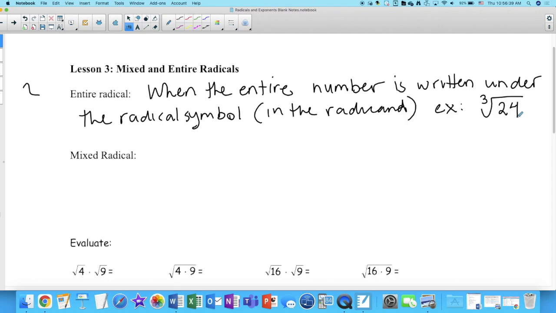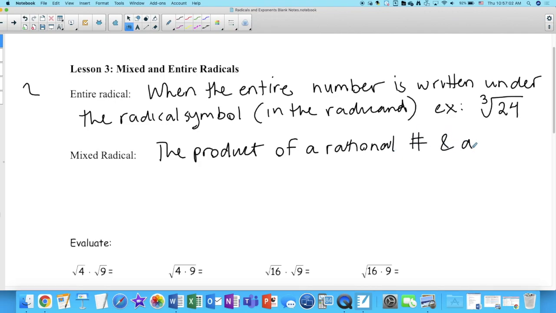Okay. A mixed radical, on the other hand, is the product of a rational number and a radical. It means you're multiplying them together, the product. Okay, so for example, something like 2 times the cube root of 3.